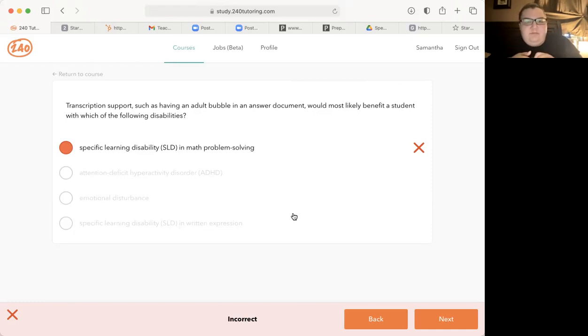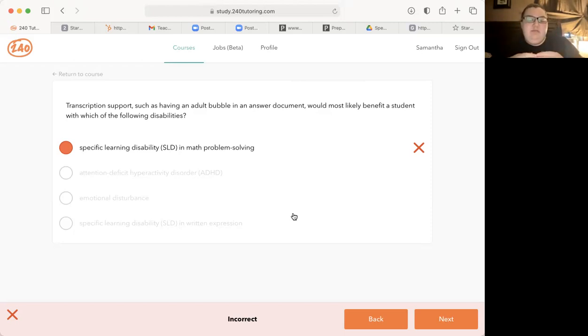So this student can't write things in D, specific learning disability, SLD, in written expression. So they're writing and transcribing. Transcription support means you need someone to bubble in your answer document. Who would need that? It would be someone with D, that problem writing things or answering things.